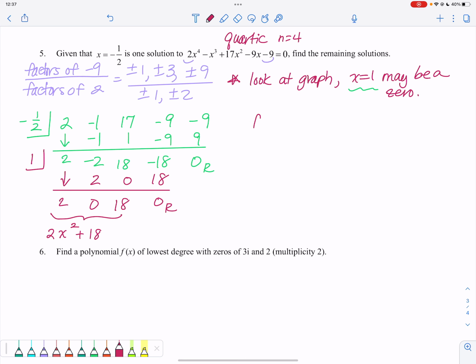Right now, our factors, oh, they just want solutions. They didn't ask us for factors. So our solutions are going to be negative 1/2 and whatever we can find solving this quadratic.